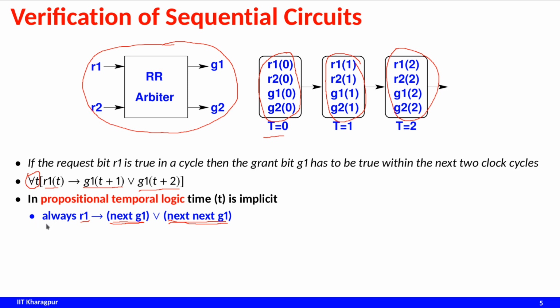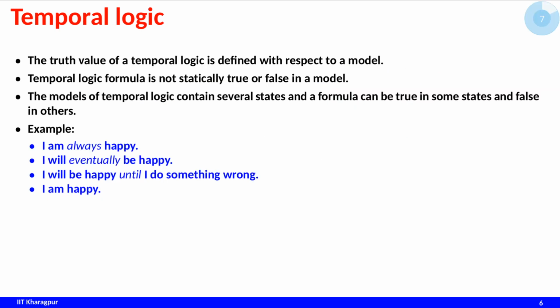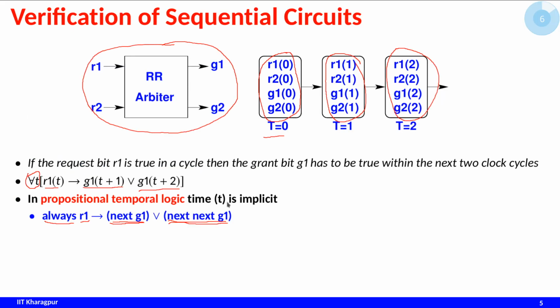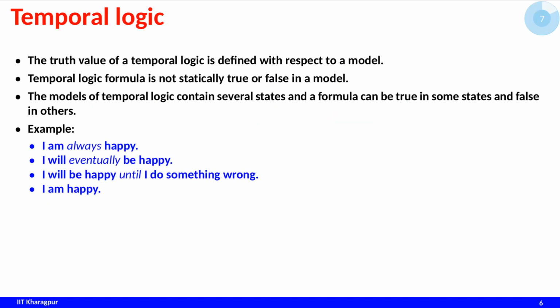And for all t means I have to specify that this should always hold. So the idea is very simple: we need some mechanism through which we can specify the temporal behavior. When I have this temporal formula, it looks like normal propositional logic, so it will have either a true or a false value.